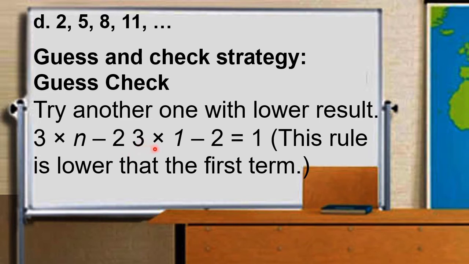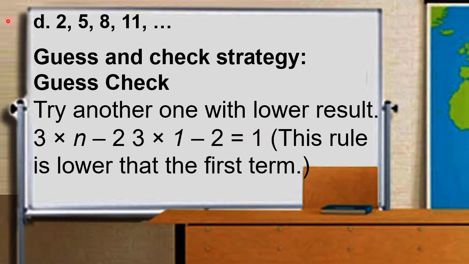So, 3 times, para sa n, substitute natin ng 1. So, lagi lang natin tatandaan, yung n, ang sinasubstitute natin dito ay yung counting numbers. Yung first term para kay 2, second term para kay 5, and so on. So, dito muna tayo kay 2, which is first term. First means 1. So, 3 times 1 minus 2 equals 1.